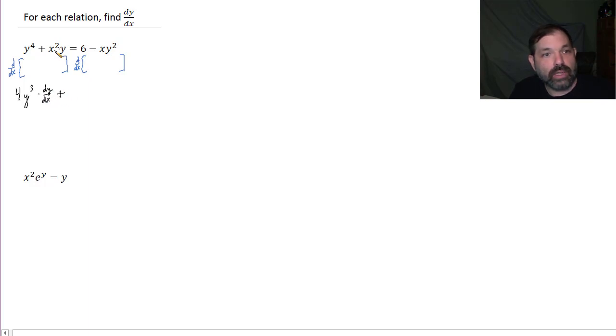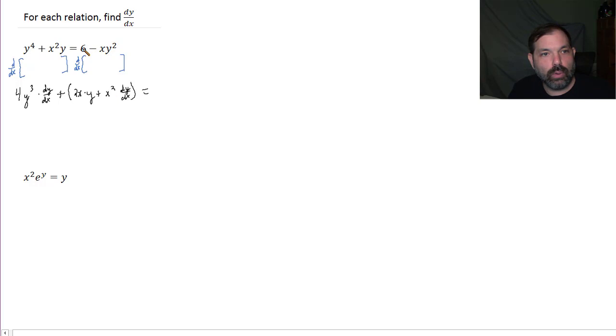Plus, now x squared y is a product of functions. Let's apply the product rule. So that would be 2x times y plus x squared dy dx. And I'm using parentheses there to show that those two terms are coming from the product rule.